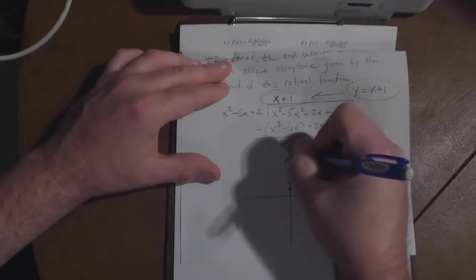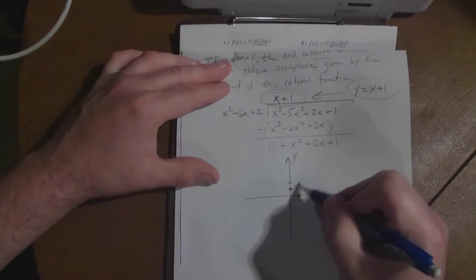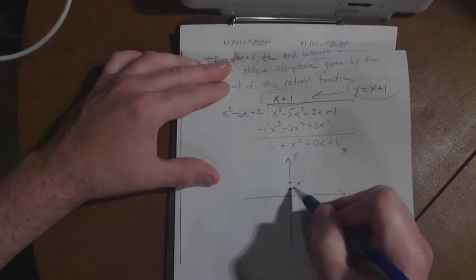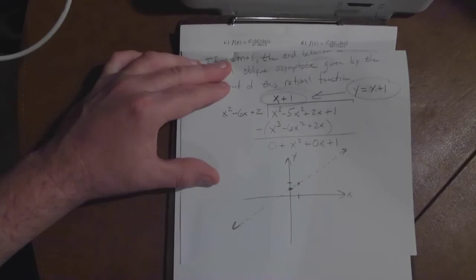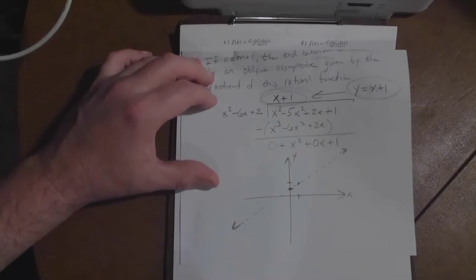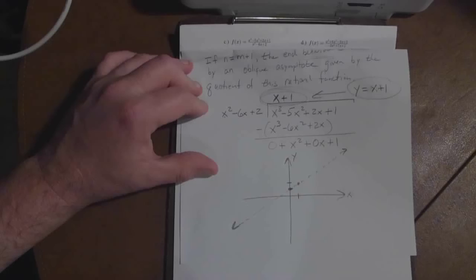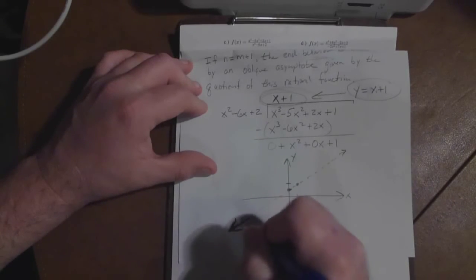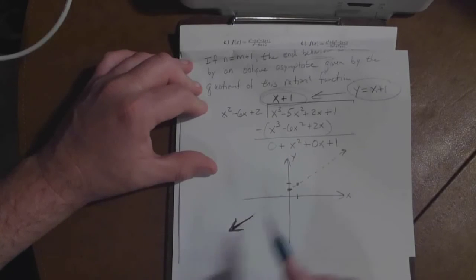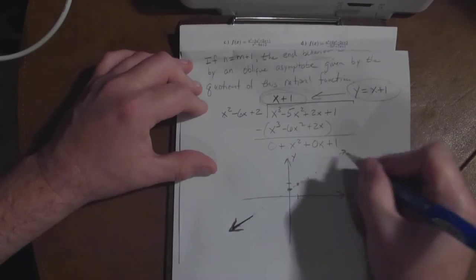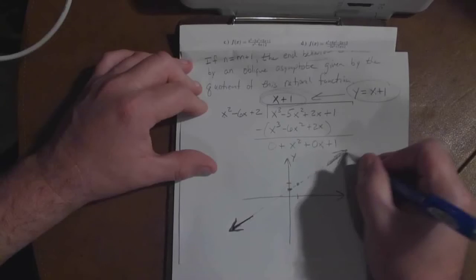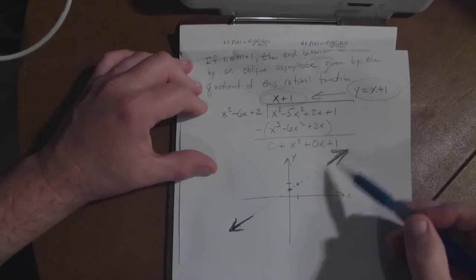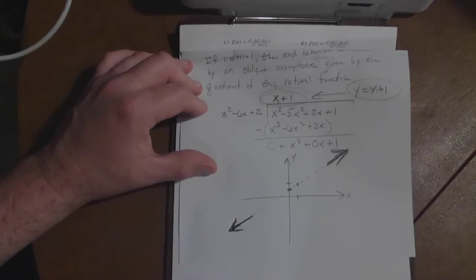If we think about this asymptote, it is described by this oblique line, or what we might think of as this diagonal line. And what this tells us is the left end of my graph is going to end down here, pointing down on top of this diagonal line, and the right end of my graph is going to end here, pointing up on top of, again, this diagonal line.